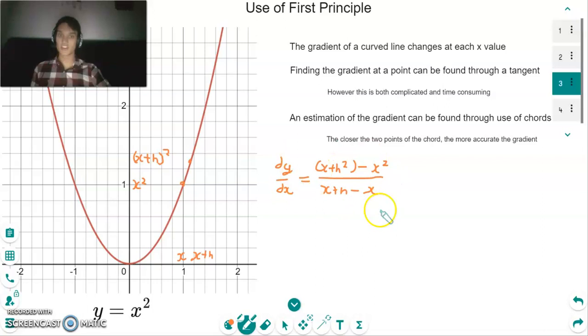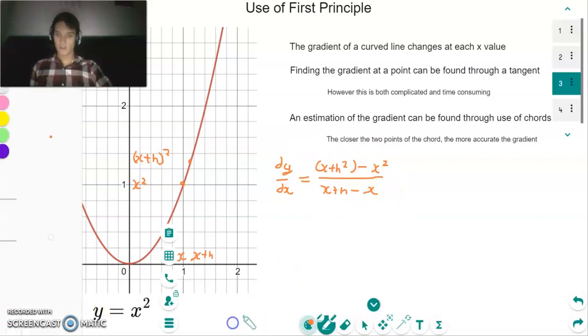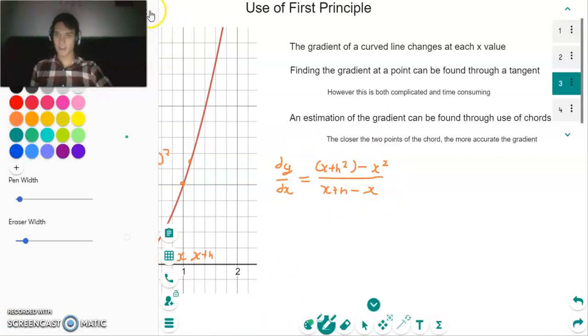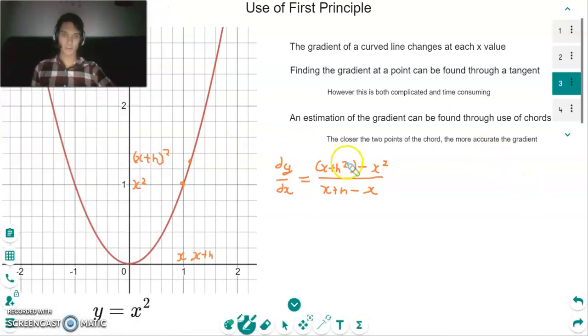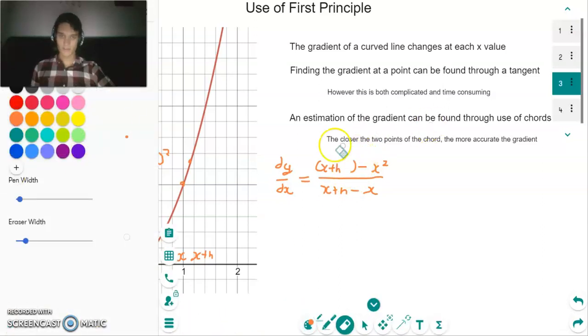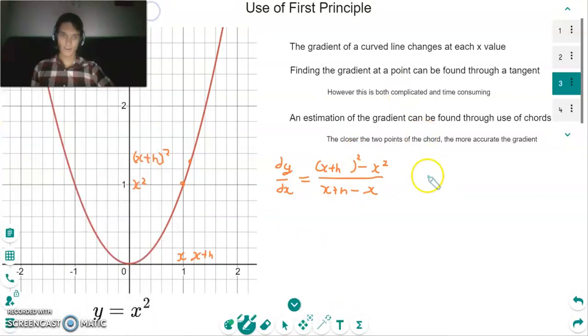And what we're going to need to do is simplify this formula here. So first things first, we're going to expand the brackets of x plus h squared, which I've just realised I've put the squared on the inside here, which is not where it should be. So this should be x plus h squared. Right, so we're going to expand the brackets for x plus h squared now that it's corrected. So x plus h, x plus h.